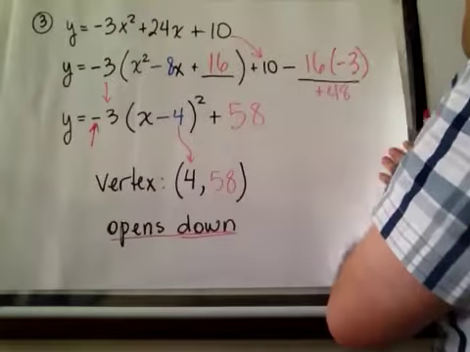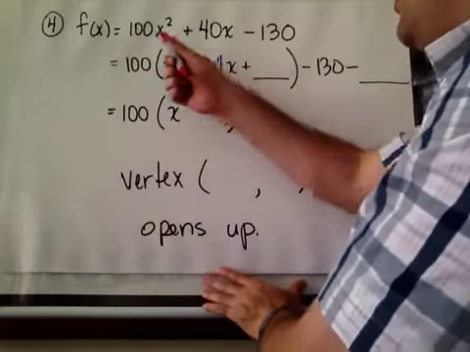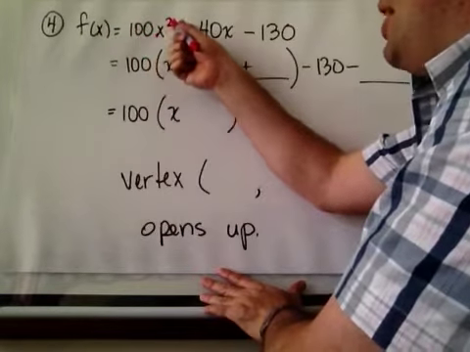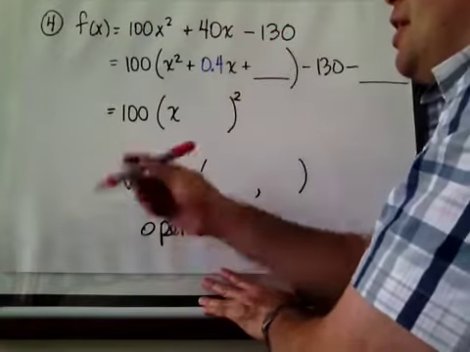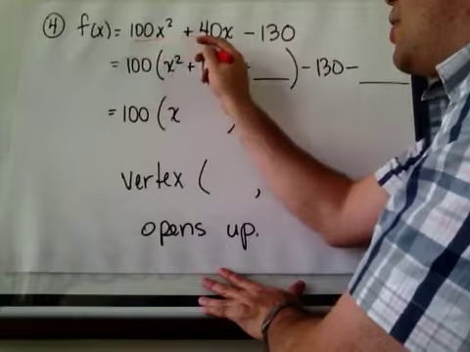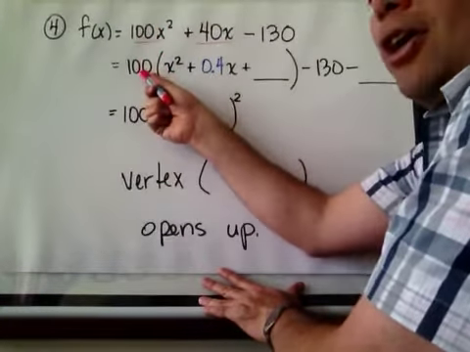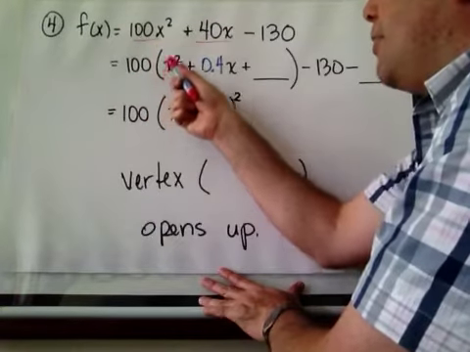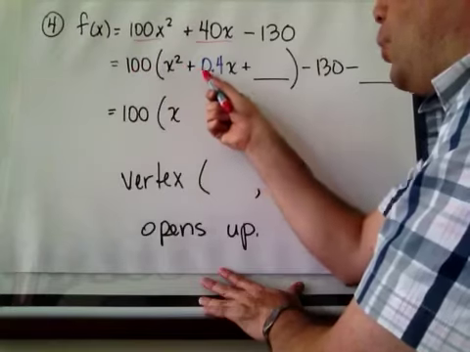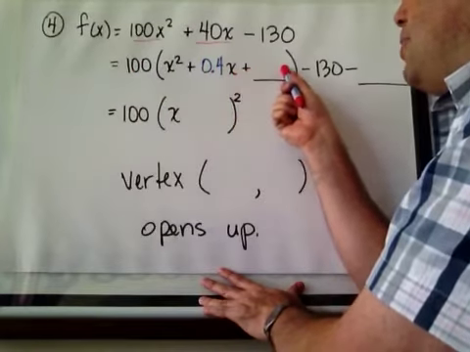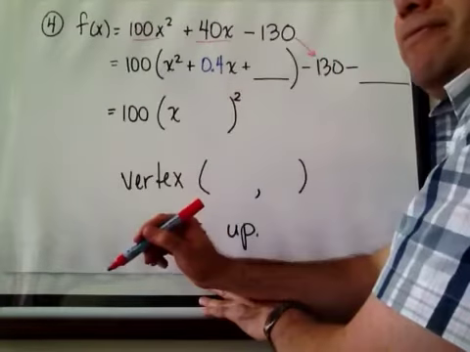Last example. f of x equals 100x squared plus 40x plus minus 130. Again, we just need these two to complete the square. And we just need 1x squared, so we take out the 100. 100 times x squared. 40x divided by 100 is 0.4x plus something minus 130, minus whatever we add here.